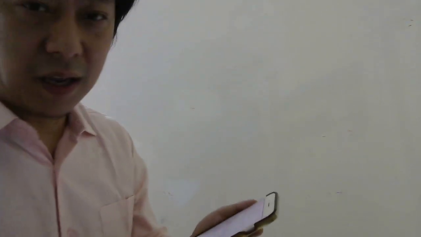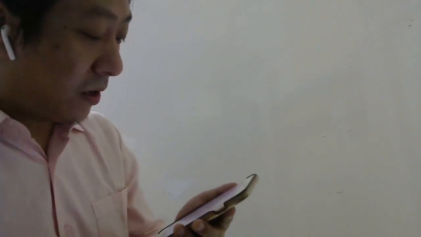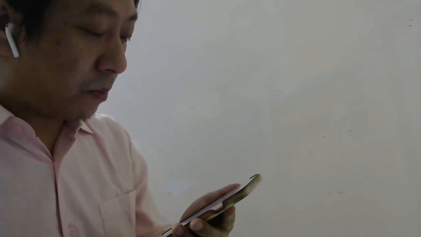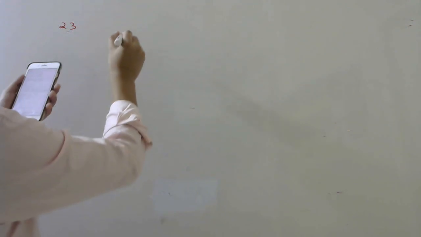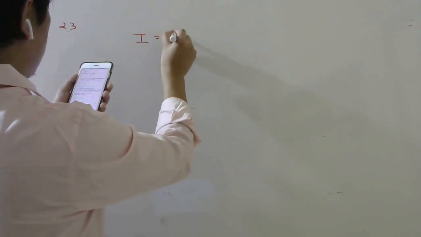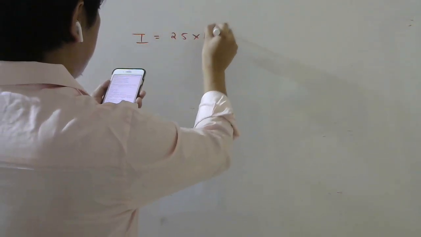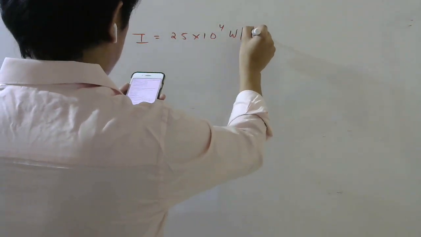Okay, let us see question number 23. Light with energy flux, again they are using words like flux, of 25 into 10 power 4 watt per meter square, which means it is intensity. So intensity is 25 into 10 power 4 watt per meter square.